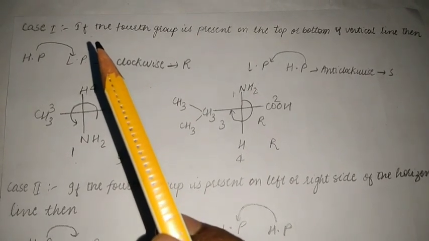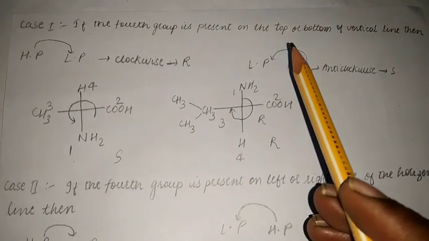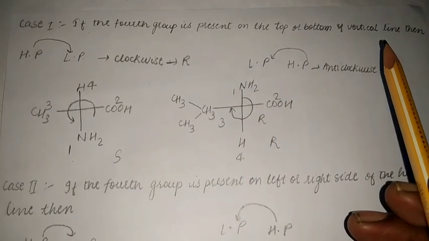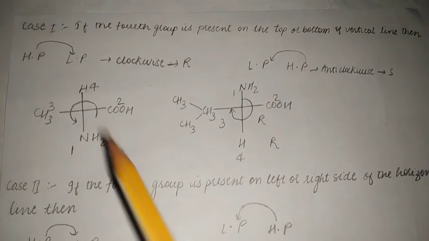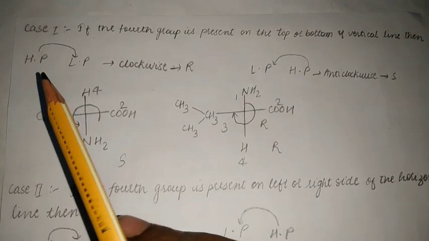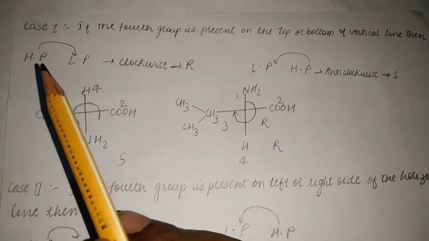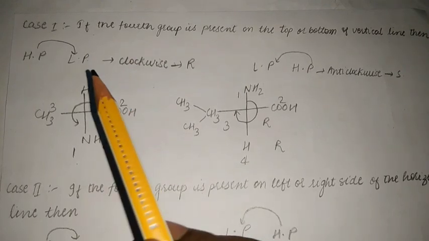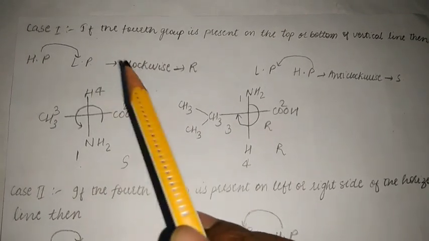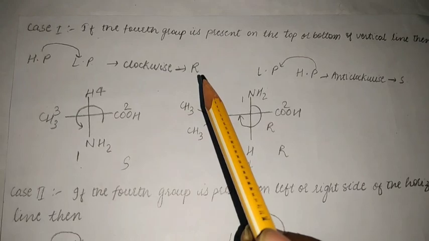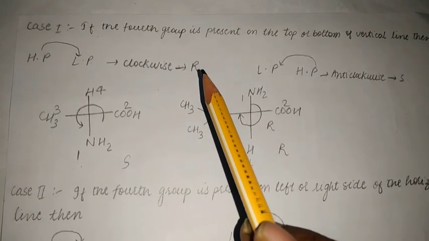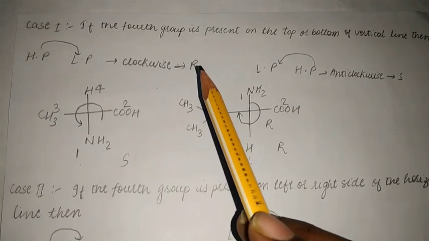Case 1: if the fourth group is present on the top or bottom of the vertical line, then from higher priority group (HP denotes higher priority group) to low priority group, if it is in clockwise direction, then it is R. R means rectus, right-handed.